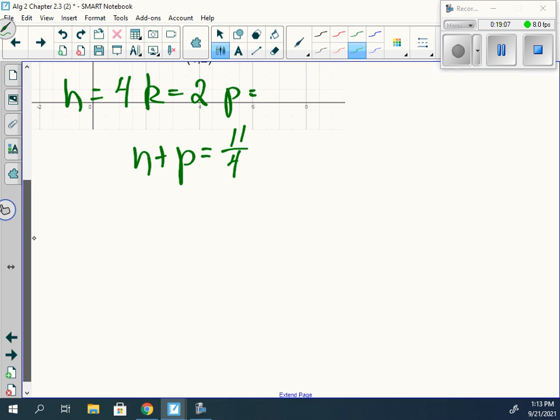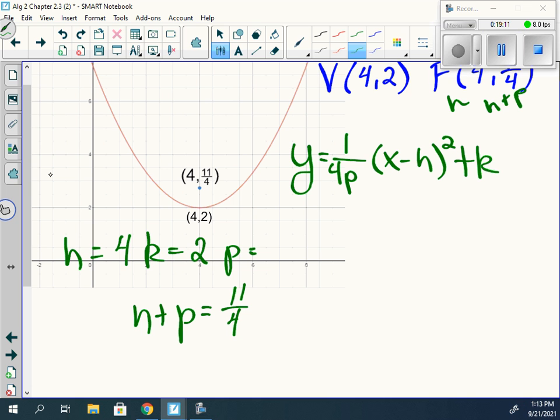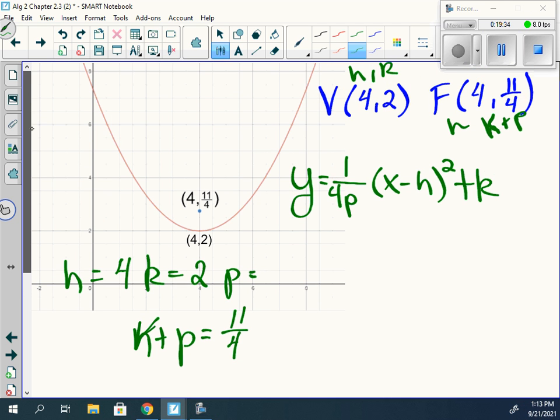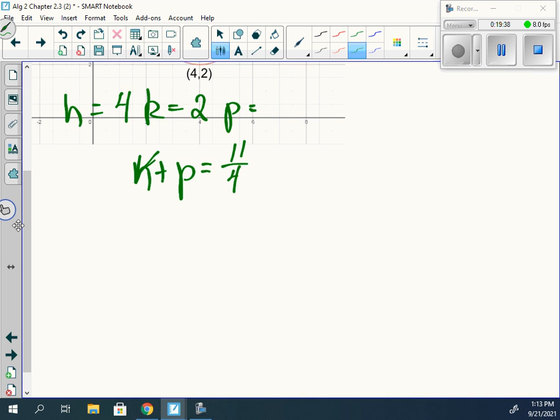Well, what is the value of, not h, what am I doing? That should be k. Because we're dealing with the y component, so it should be k plus p. Sorry about that. Any questions now? I probably already had k plus p written anyways.